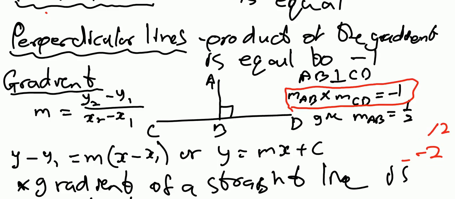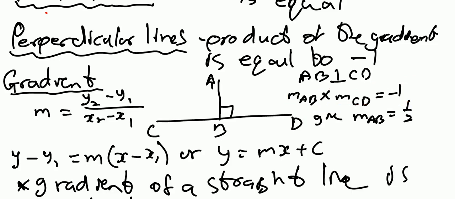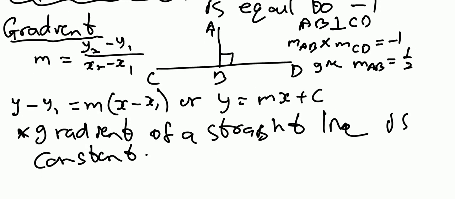We have learned that the gradient of parallel lines is equal, the gradient of a straight line is constant, and the product of the gradients of perpendicular lines is equal to -1. That was an introduction to analytical geometry. You have only learned one new concept: linking gradient with parallel lines and perpendicular lines.